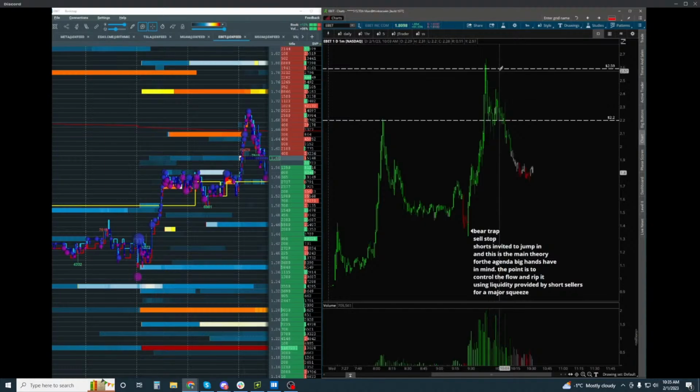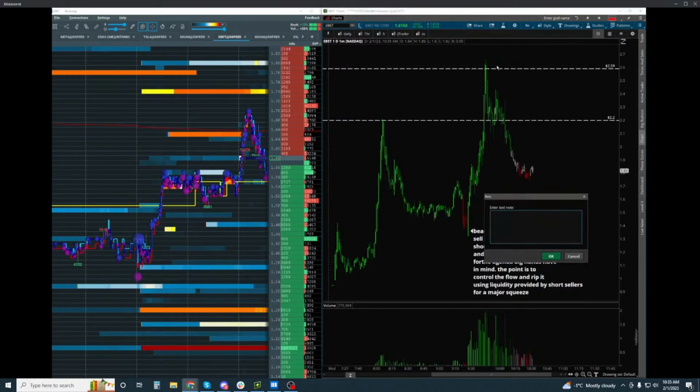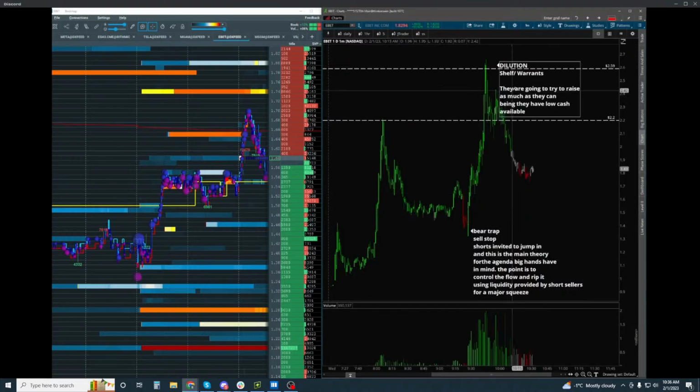Then over here, remember that we have a few things. Dilution. So we have a shelf. We have warrants. What does it mean? They are going to try to raise as much as they can, being they have low cash available. Right?